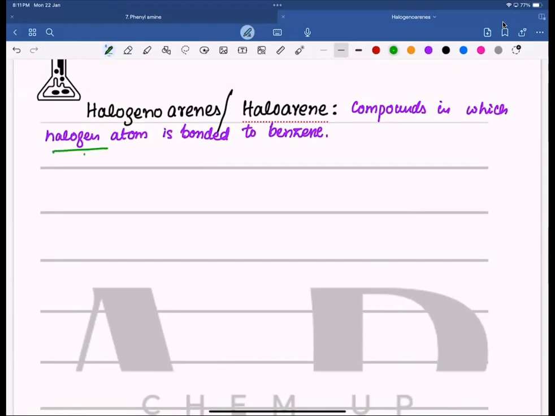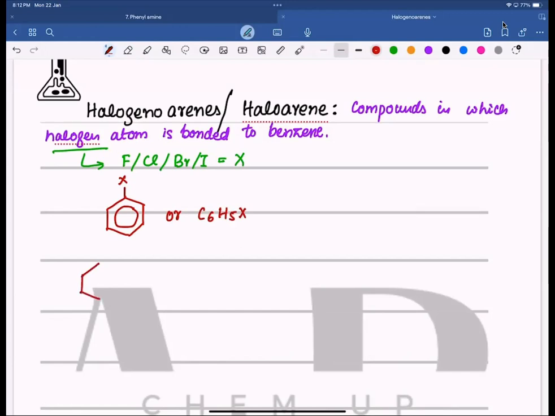And halogens, we know, are fluorine, chlorine, bromine, iodine, and they are collectively called X. If we talk about a haloarene, we will write an X bonded to a benzene ring, because X is a general term for halogen, and its molecular formula will be C6H5X.